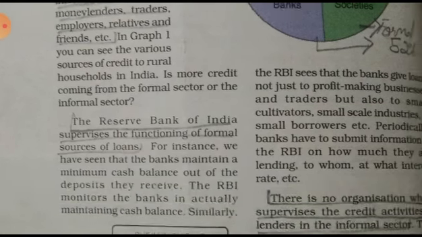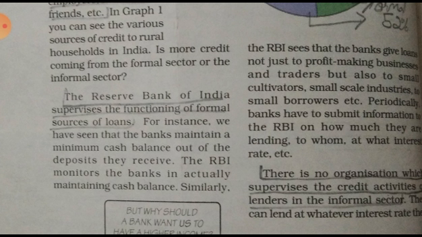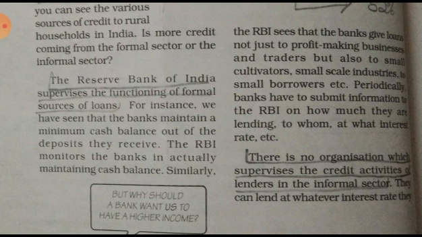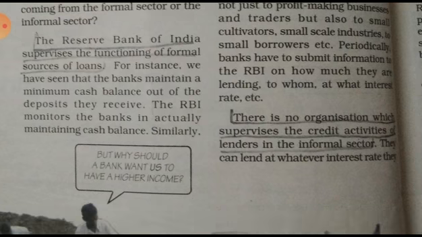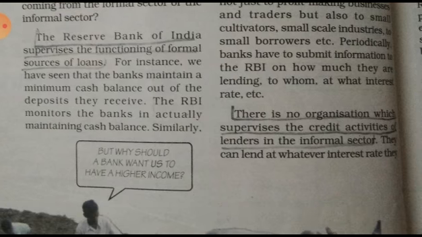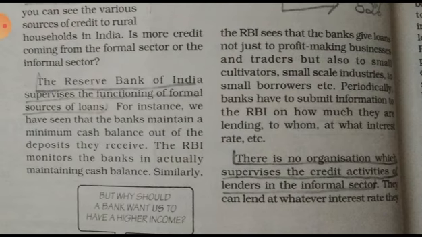The role of the Reserve Bank of India is very important in the formal source of credit, because the RBI controls all these credit activities. The RBI supervises the functioning of the formal sources of loans. For instance, banks maintain a minimum cash balance out of the deposits they receive, and the RBI monitors whether banks actually maintain this cash balance.